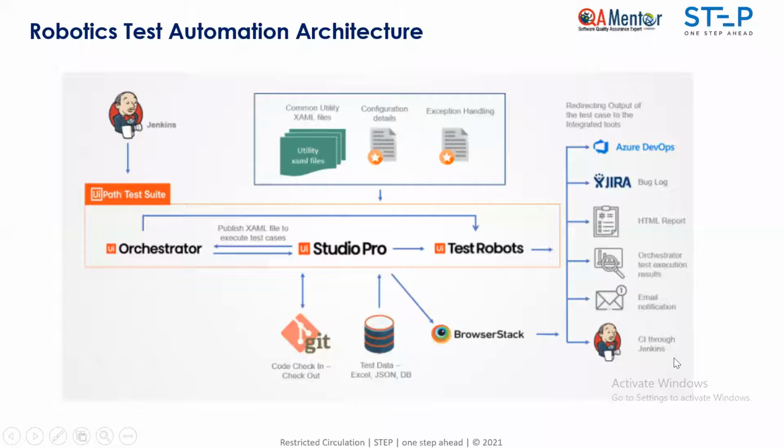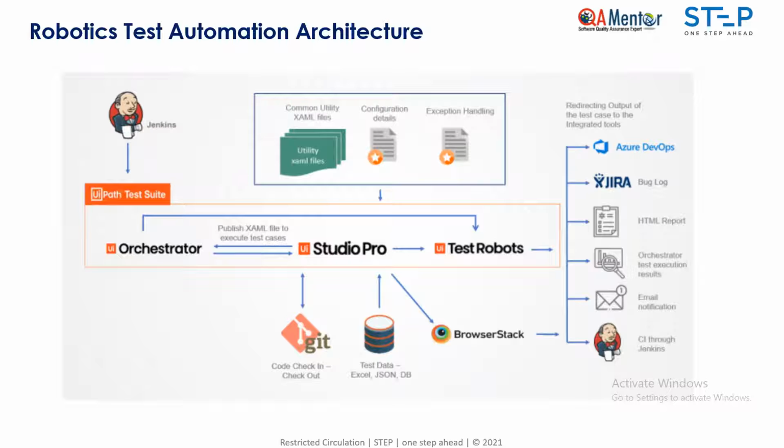We can also connect ALM tools. Then HTML reporting will be there, which is very easy reporting from the business end. For example, a person who doesn't know about testing, such as a business person or senior management, can understand this HTML report. Then Orchestrator test execution results will also be there.